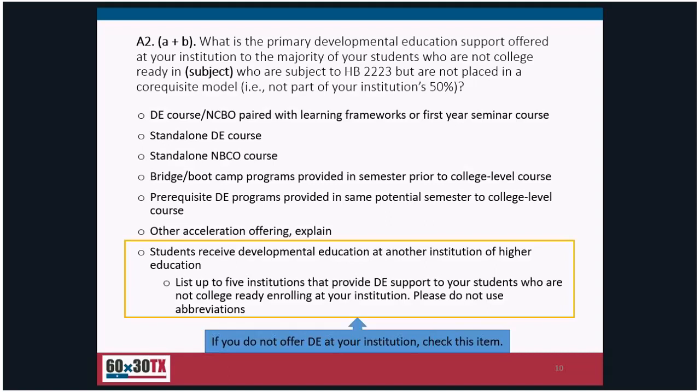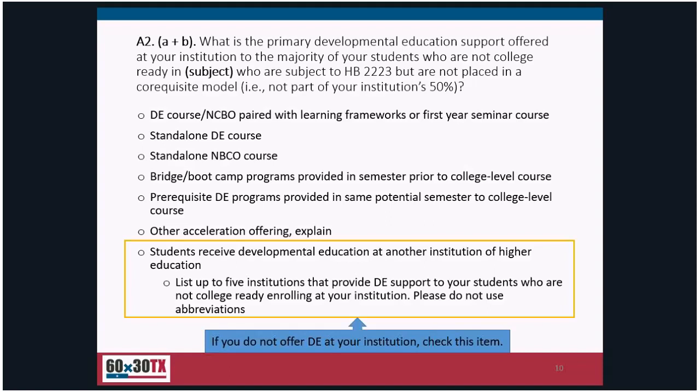But note in the selections that if you do not offer DE at your institution, select the last item, and then there's a follow-up question to list the institutions that you partner with. So if you have no clue what I'm talking about in terms of your institution farming out your developmental education, disregard that response.